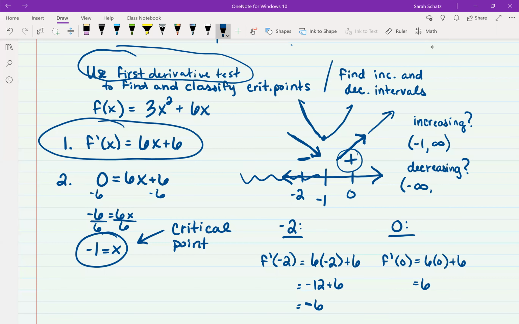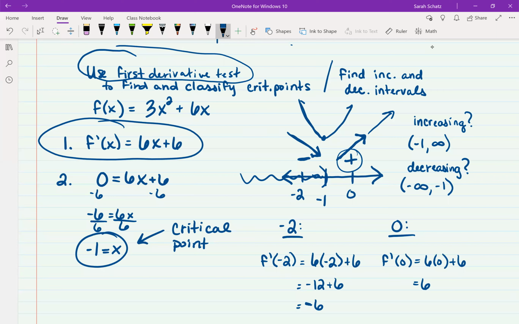That left endpoint would just be -infinity. And then it keeps decreasing all the way till you get to that point -1. Remember, we're not going to use brackets, so we never include our critical points in our intervals. We don't say that it's increasing or decreasing at -1. It's just standing still for a minute.